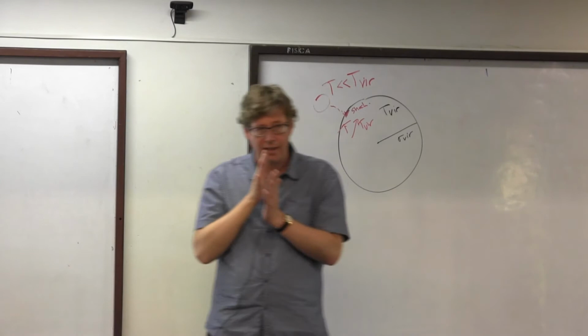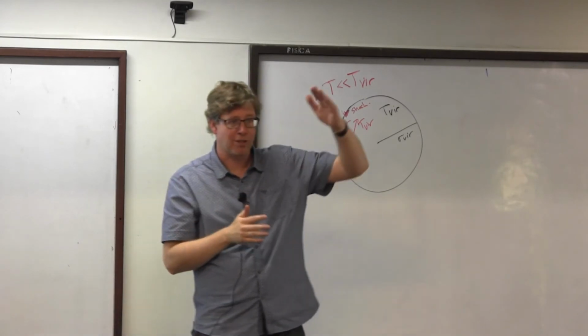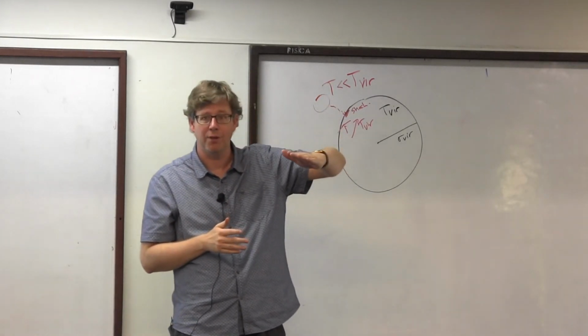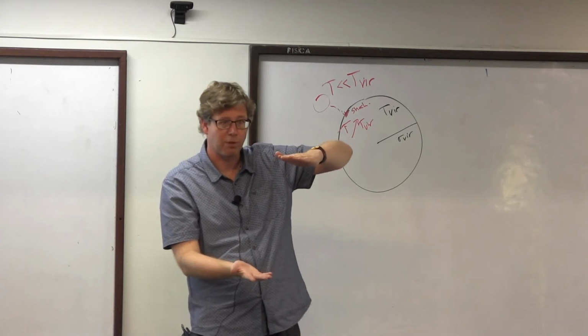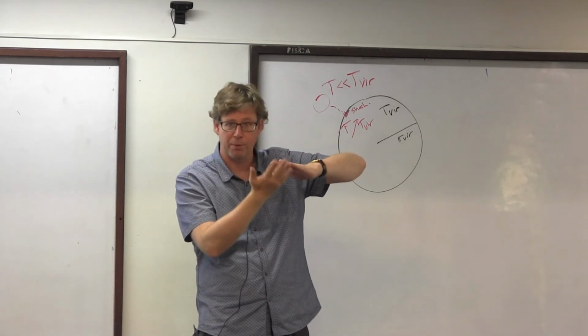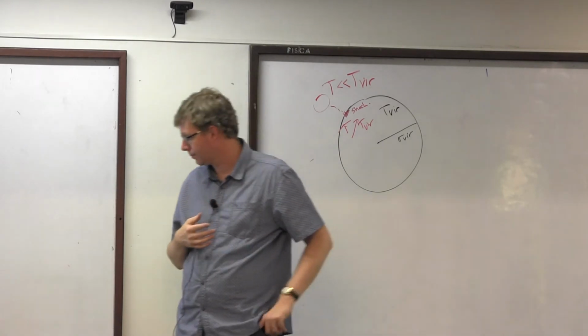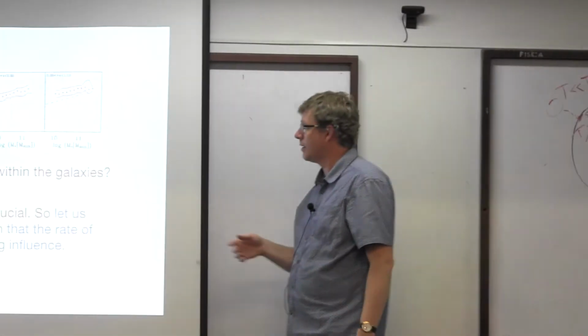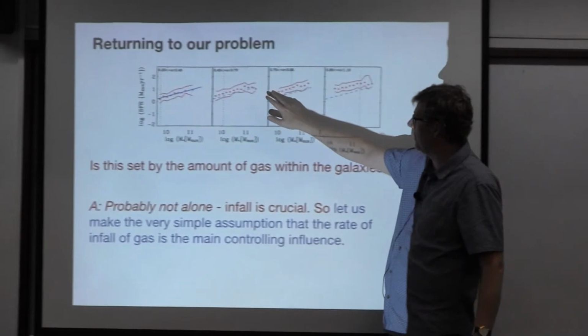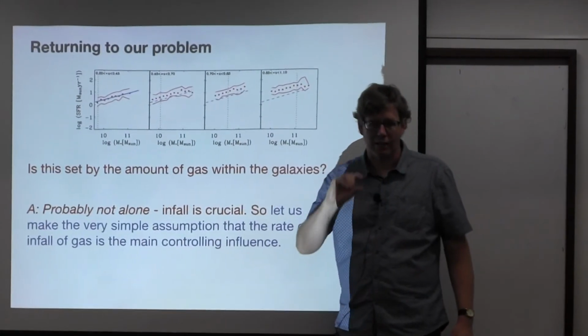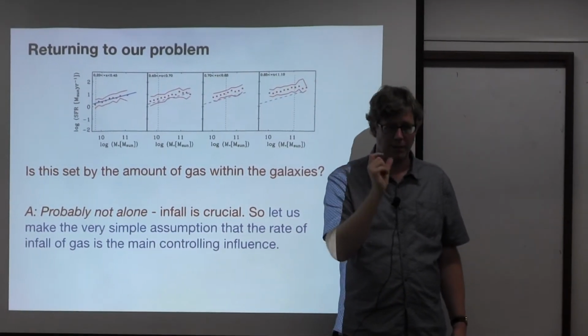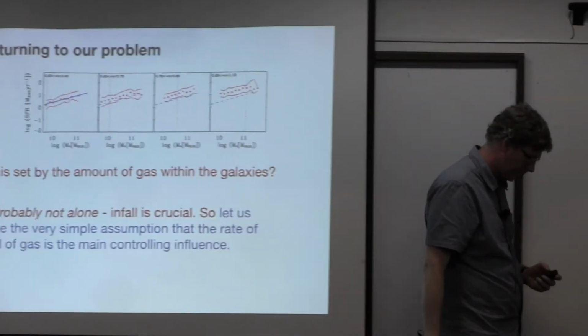So it means that you stay in equilibrium. If you have too little infall, then your star formation rate will drop and your outflow will drop as well. So you always stay in an equilibrium solution. And that's the idea, that this relationship here, because it's so tight, is an equilibrium solution. That's what's explaining why it's so tight.